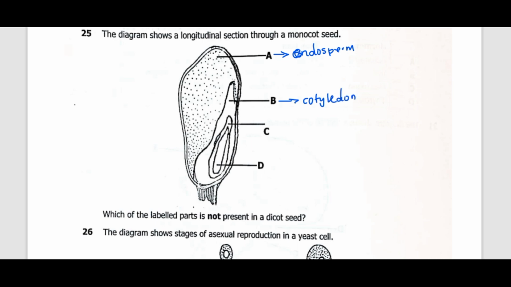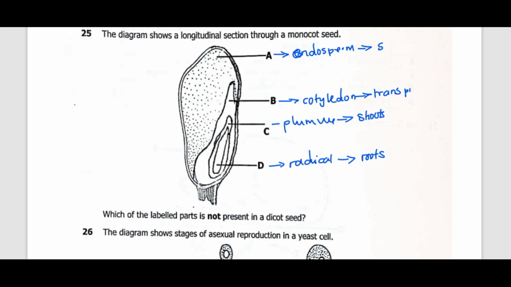Then C we have plumule. Then we have radicle. So after germination, radicle changes into the root system. Plumule changes into a shoot system, or it grows into a shoot system. Cotyledon transports nutrients.